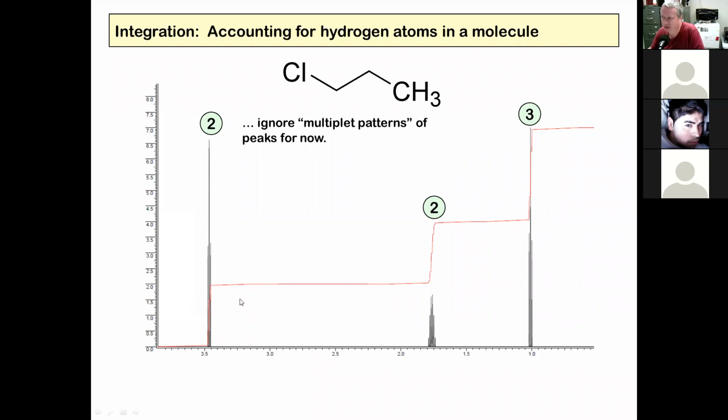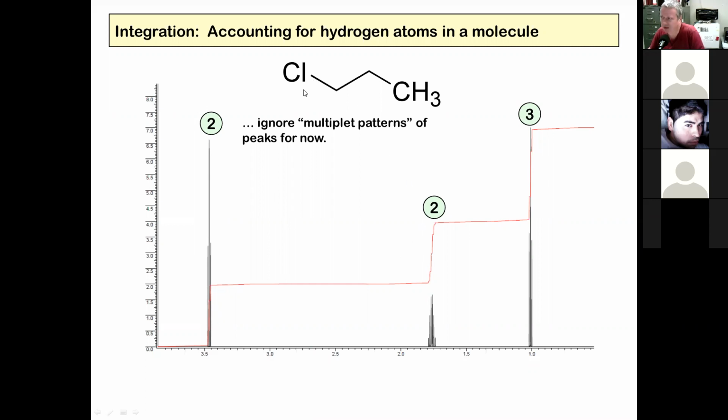And the other thing is where the peaks are. The one thing you should know, like I said, is that a chlorine will drag the CH2 down to the left, and that's definitely the case. So this CH2 is way down here at 3.5, right? I'll give you another word for that, and we'll see that word again shortly.